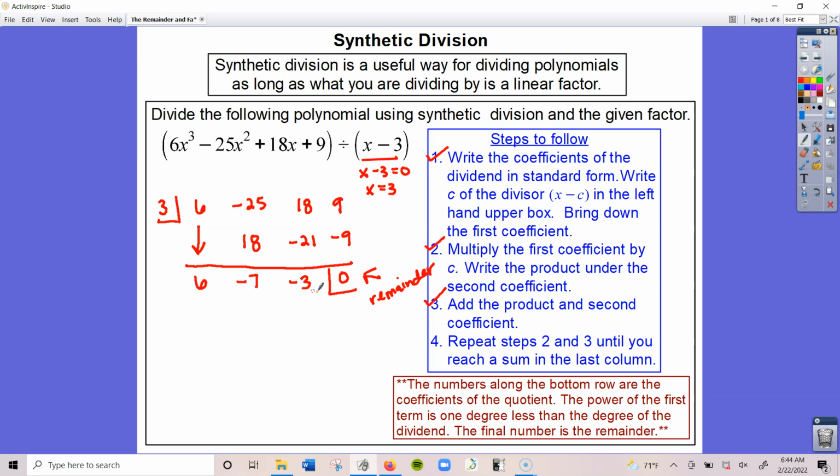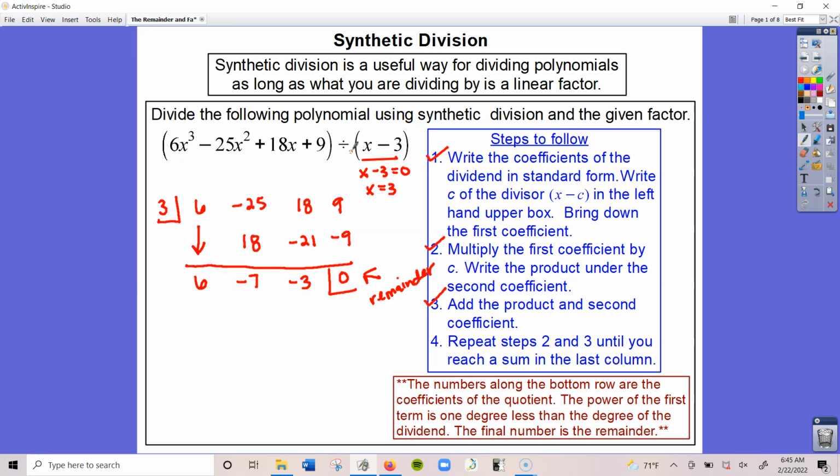So now, what do these numbers here represent? Which I wrote here. The numbers along the bottom row are the coefficients of the quotient. The power of the first term is 1 degree less than the degree of the dividend, and the final number is the remainder. So how we write our answer, this is our quotient.